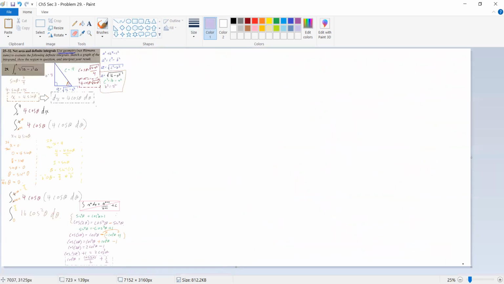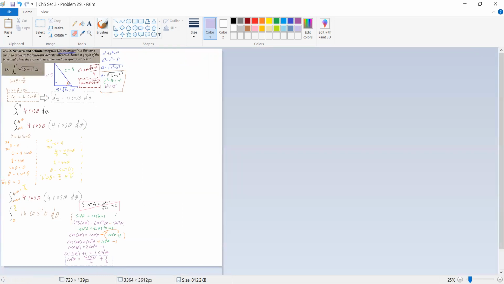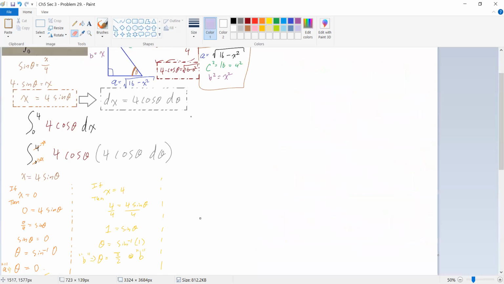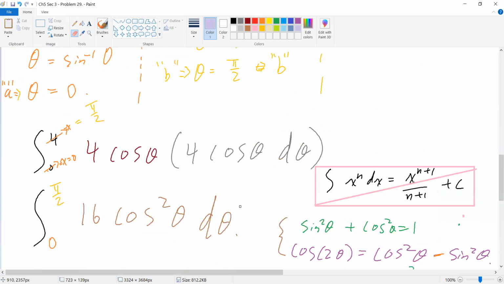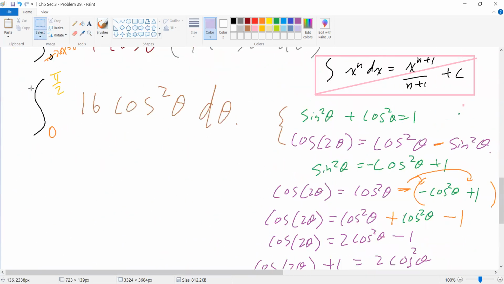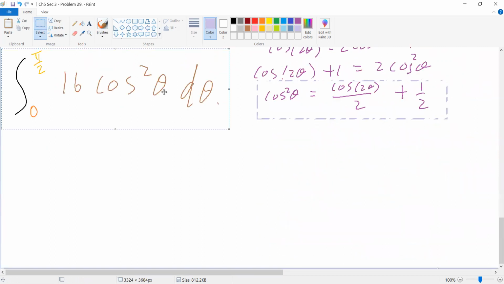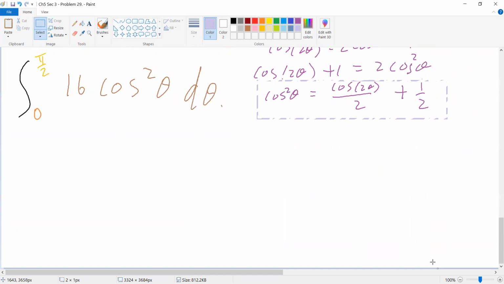It looks like I'm running a little bit out of space. Let me resize this problem so I can fit everything. Okay, and then I'm going to copy this and bring it down so that we can now do some of our substitutions.